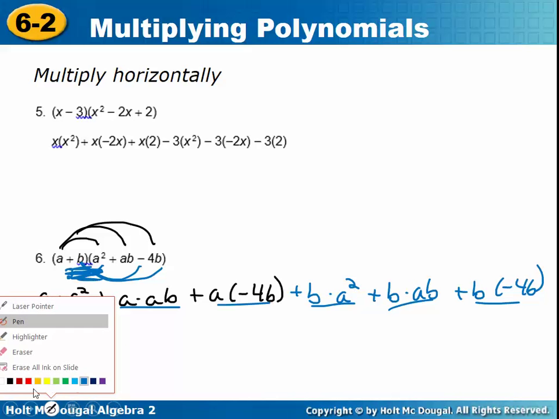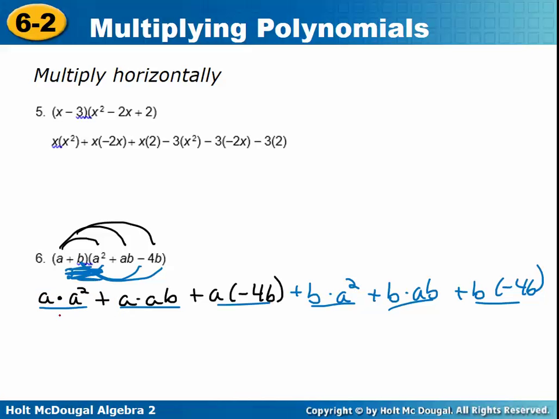All right, now we are going to simplify each of these little multiplications. A times A squared is A cubed. Then A to the 1 times A to the 1 times B to the 1 is A squared B. Then A times negative 4B: I'm going to put the negative 4 first, then the A, then the B, alphabetical order.